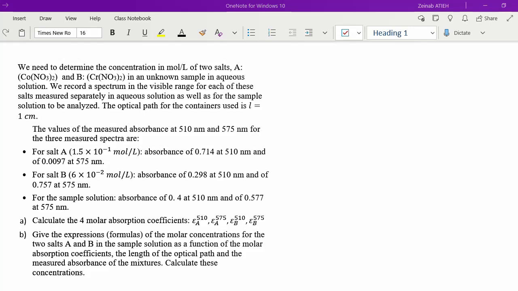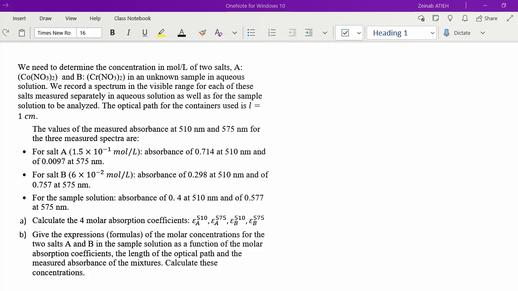Now the sample solution that we are studying, which is a mixture of A and B, has an absorbance of 0.4 at 510 nanometer and 0.577 at 575 nanometer. So this absorbance is due to both salts A and B. We have to find the concentration of A and the concentration of B in this sample solution.